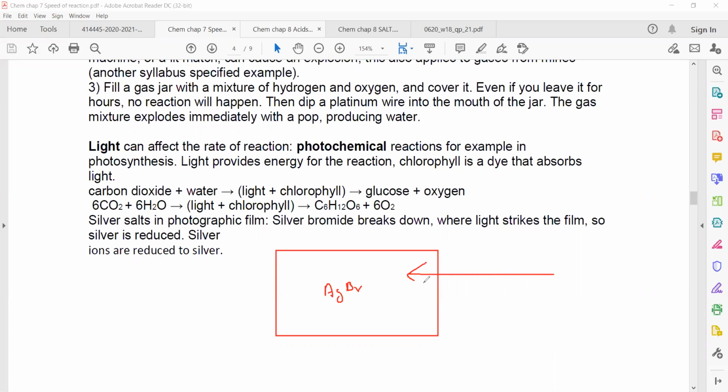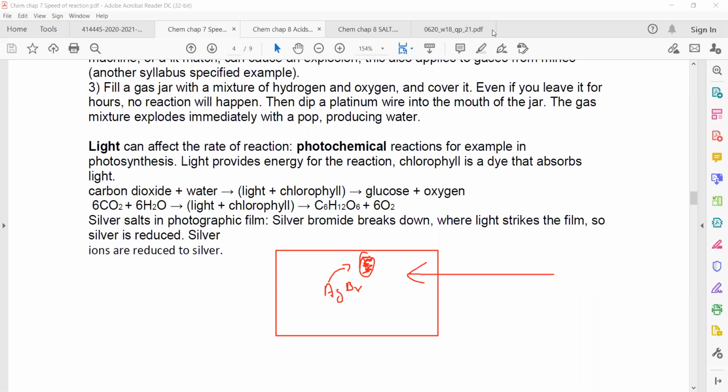So when light falls on this, it will form silver metal. The part exposed to light will turn. If it is exposed to too much light, it will turn black. If it is lower light intensity, it will turn gray. And if it is not exposed to light, then it will remain as it is.